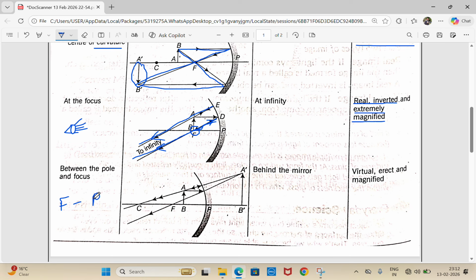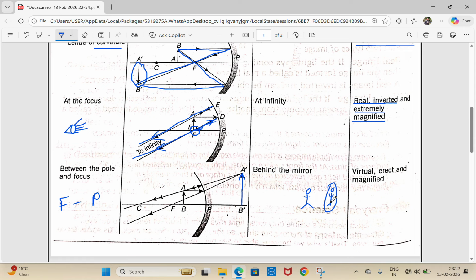If the object is placed in between focus and pole, then the image will be created on the other side of the lens, the back side of the lens, and it will be erect and virtual, like you are standing in front of a mirror, and it is a virtual image of you.